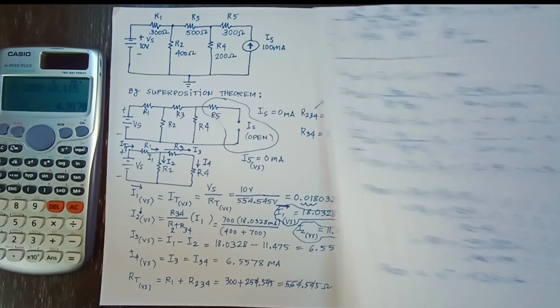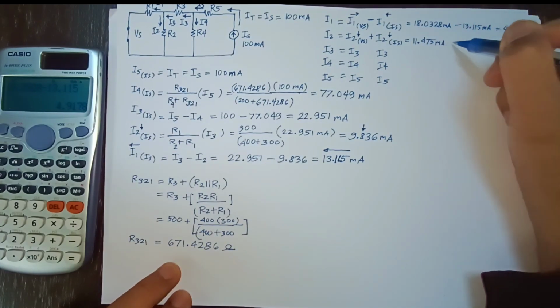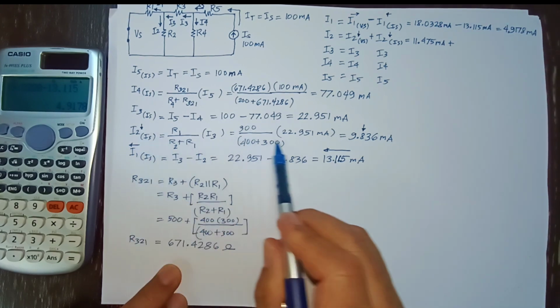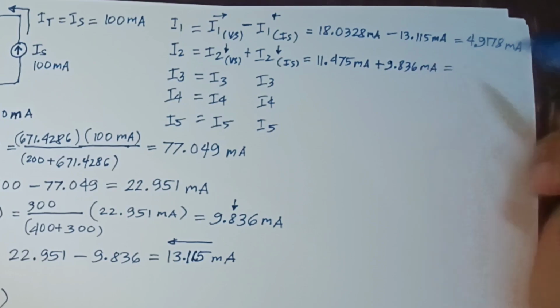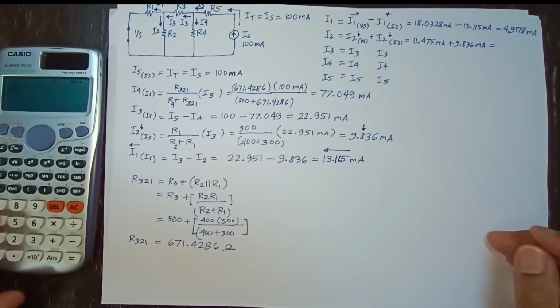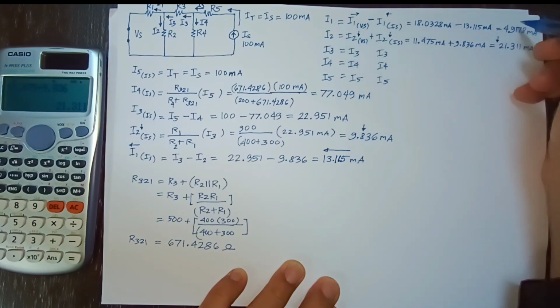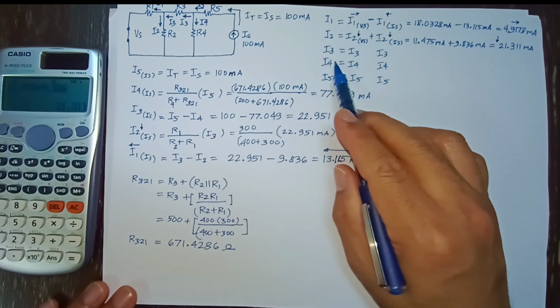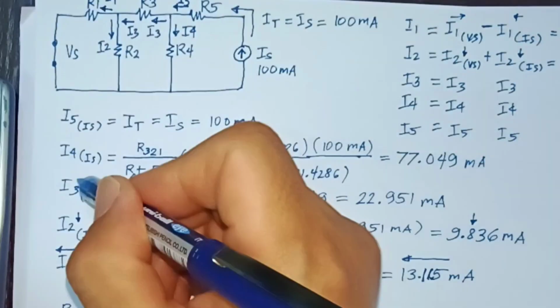So let's get the value of each. 11.475 milliamperes plus 9.836 milliamperes, both going down. Therefore, the sum of these two currents will be the final answer for I2. And that would be equal to 21.311 milliamperes going down.